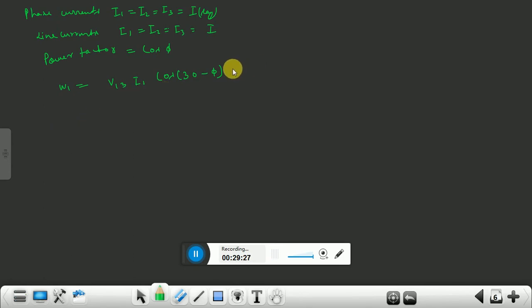Here, written in terms of phase, this is your under root 3 voltage, line voltage changed into phase. So under root 3 V I cos 30 minus phi.